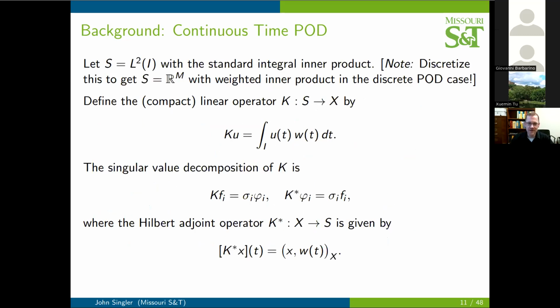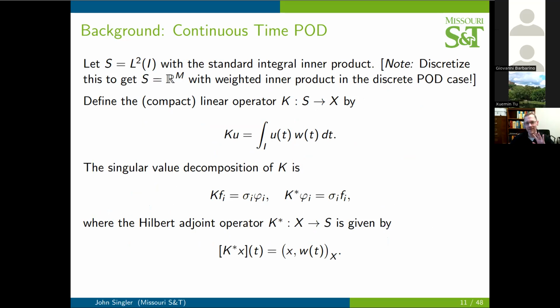The solution to the continuous time problem looks very similar. So again, as here, instead of a weighted vector R^m space, it's going to be the space of square integrable functions on the time interval.